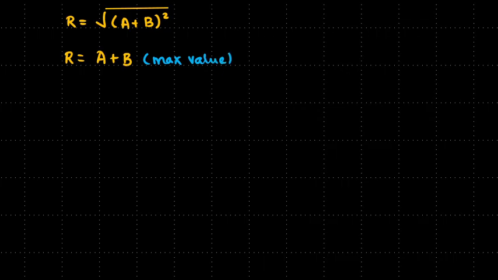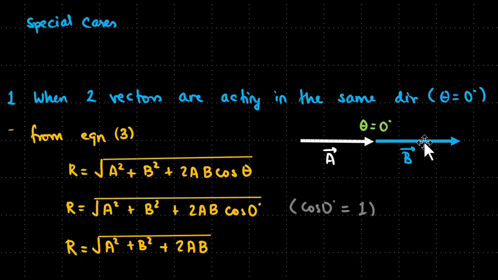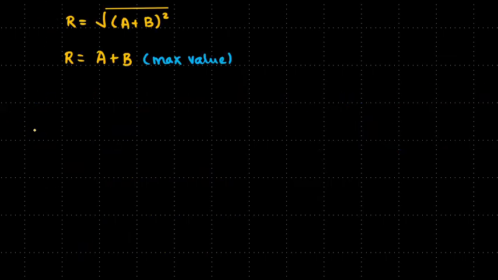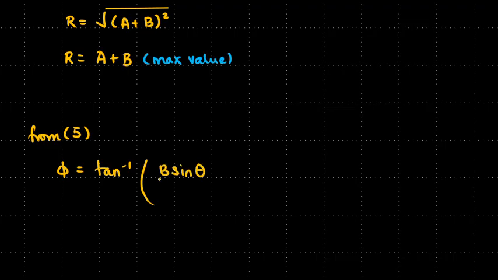So think about it. If two vectors are in the same direction, then the magnitude of the resultant will be maximum. Also, from equation 5, so that was when we found the angle, we will just get phi. So phi was tan inverse of b sine theta by a plus b cos theta.